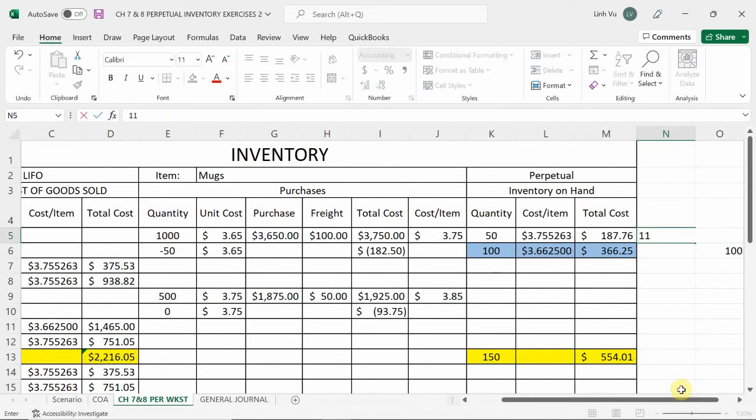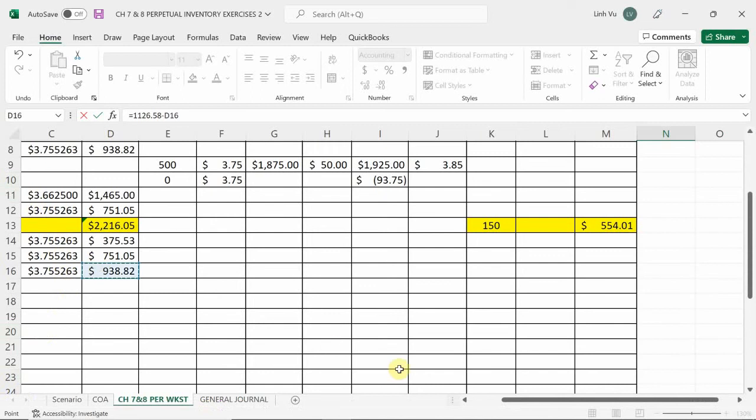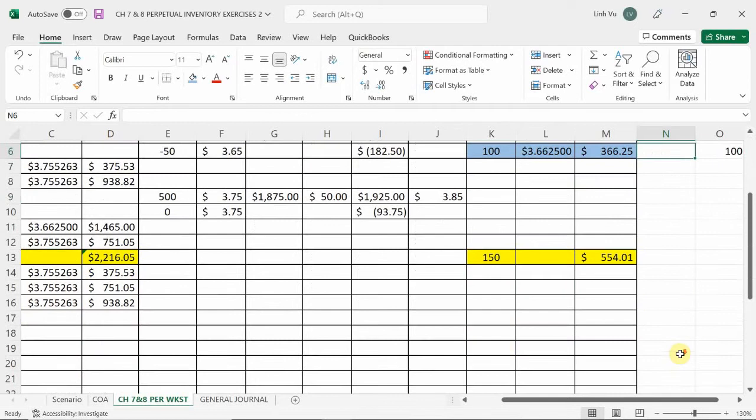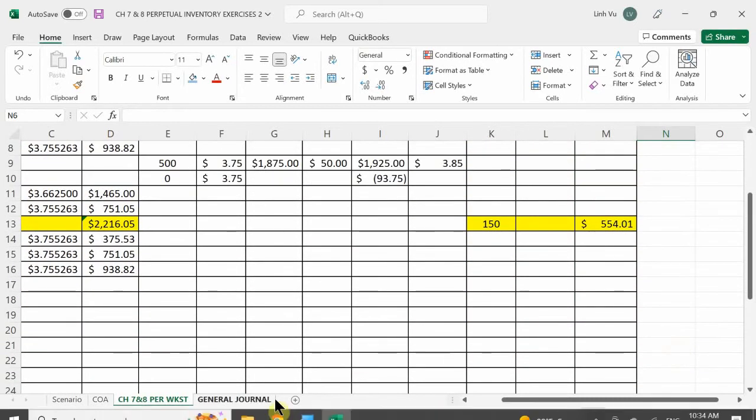Okay, so 1126.58 minus, what was it, 938.82, should give you a grand total of 187.76. So good. All right, so your grand total is $938.82 that you sold.